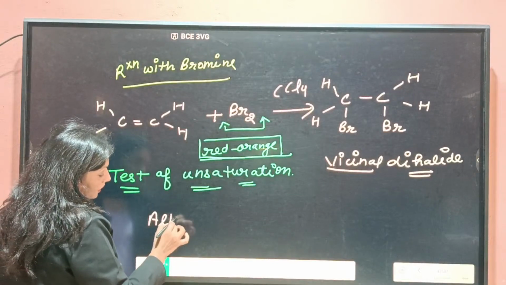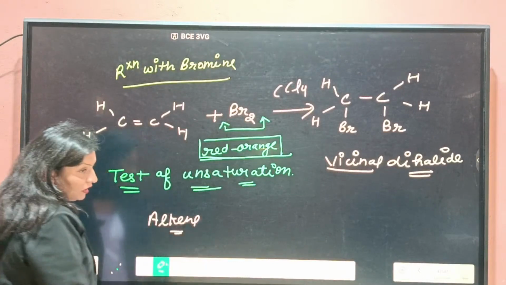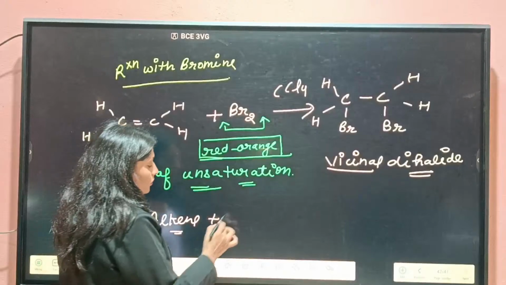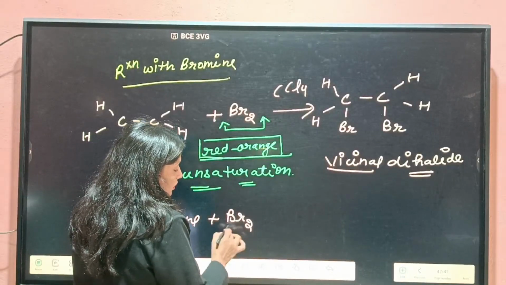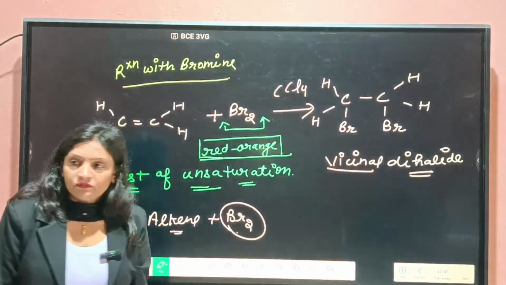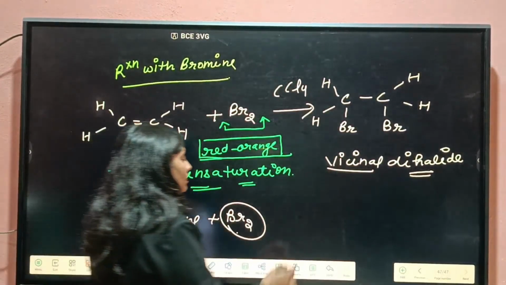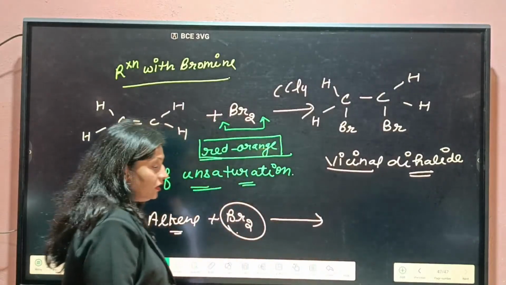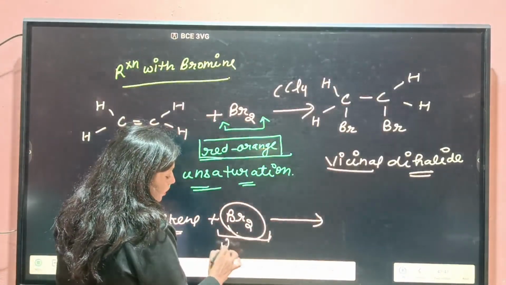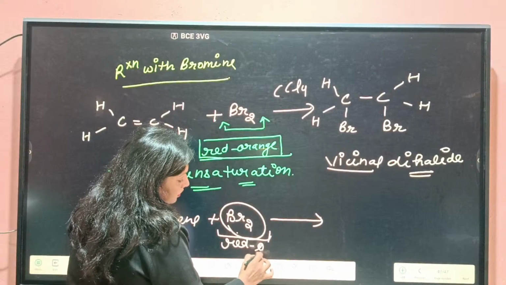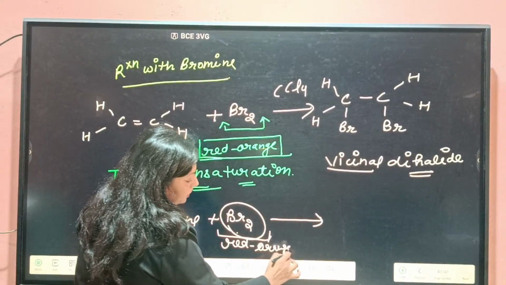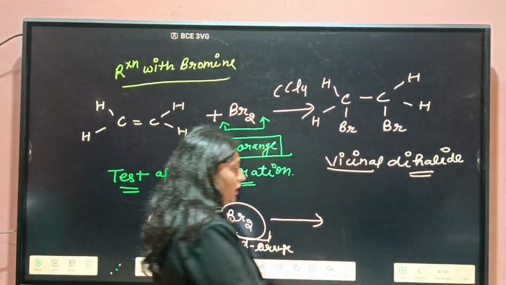If I take an alkene and I add bromine to the alkene dropwise, then students, the red-orange color of the bromine will disappear.